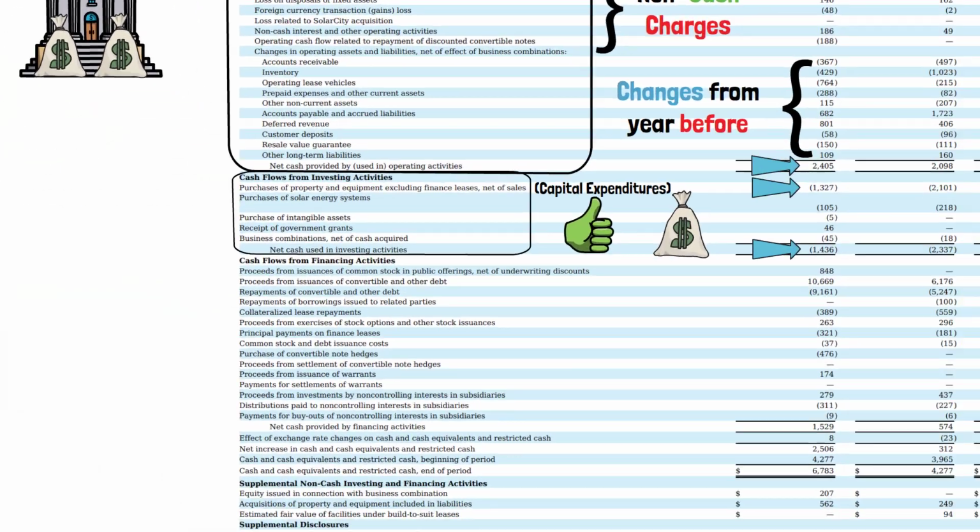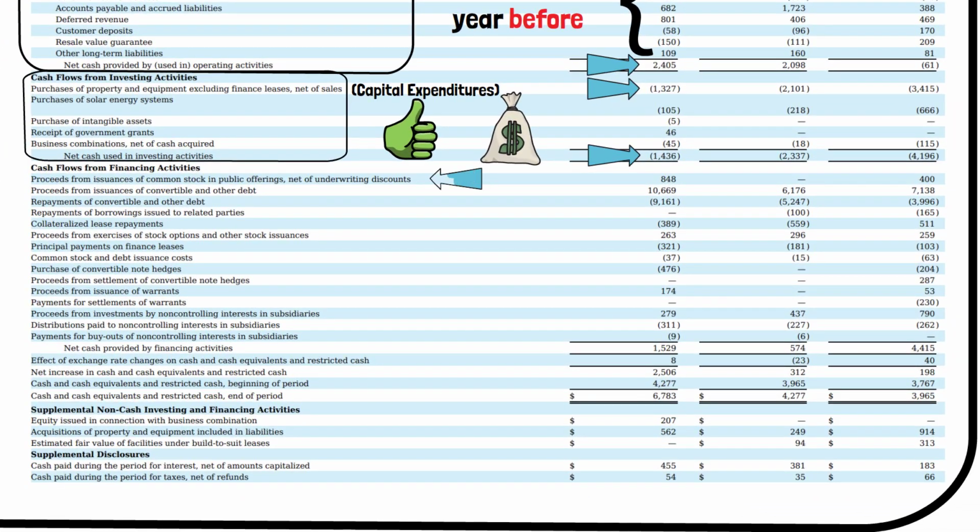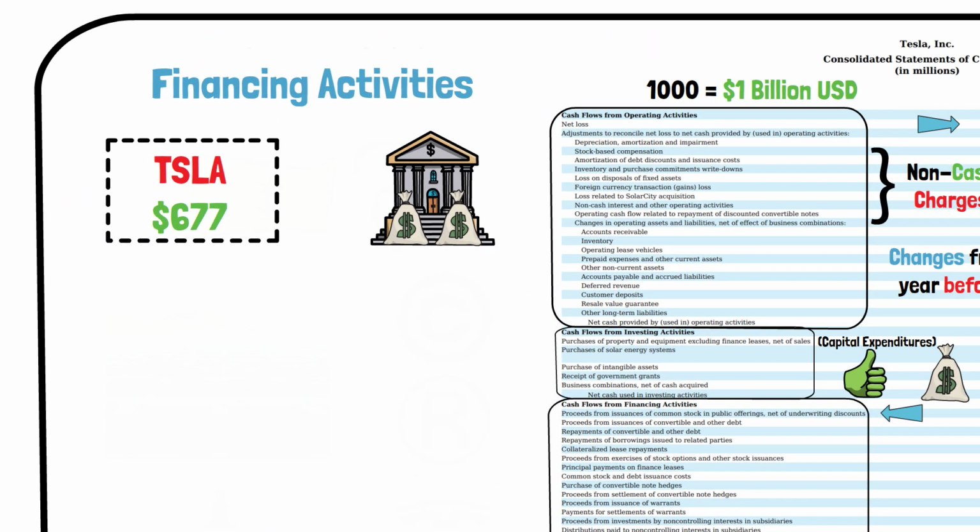Proceeds from the issuances of common stock shows how much cash Tesla received by issuing more shares on the stock market. One way businesses can choose to raise more cash is to issue more shares out of thin air.